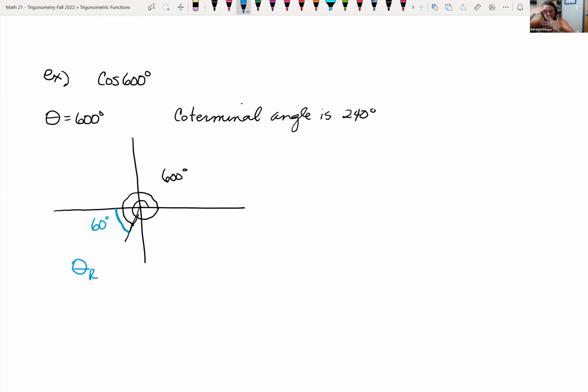So that's root of the number of fingers, so root 1 all over 2, which is 1/2. But cosine is negative in quadrant 3. So this is equal to negative cosine of 60 degrees, which is equal to negative 1/2.